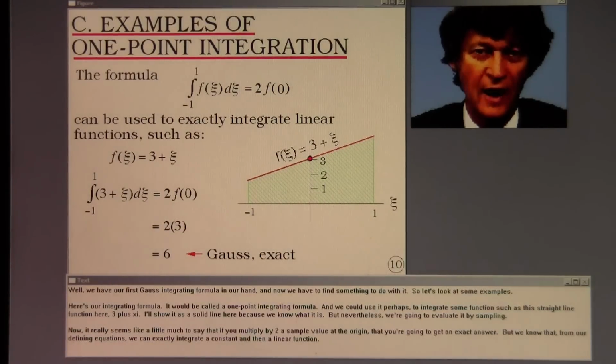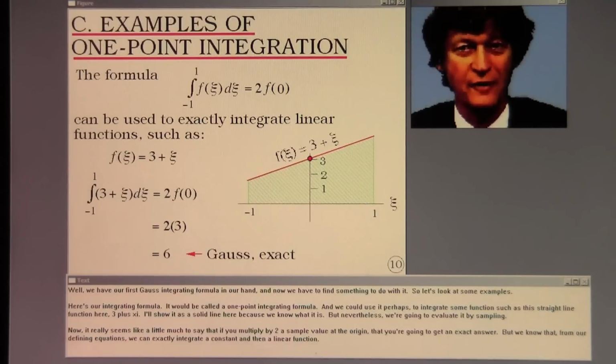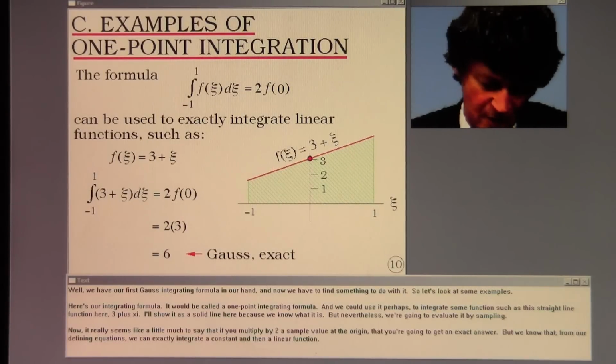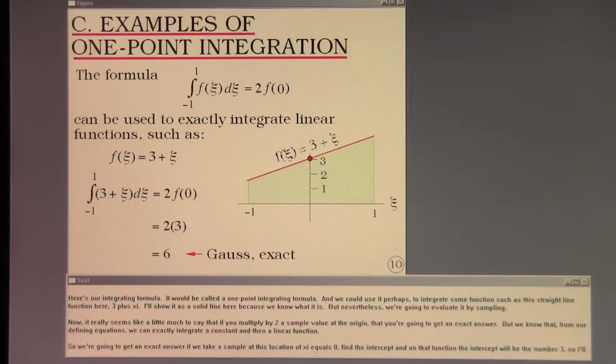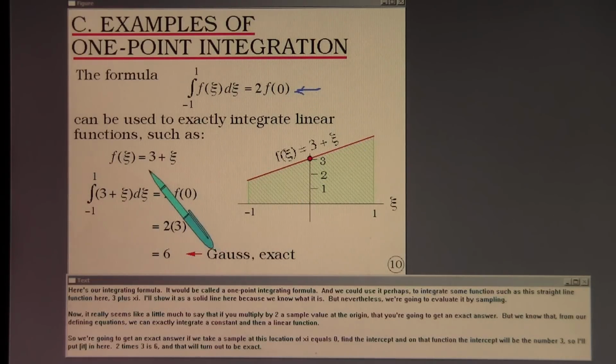Well, we have our first Gauss integrating formula in our hand, and now we have to find something to do with it. So let's look at some examples. Here's our integrating formula. It would be called a one-point integrating formula, and we could use it perhaps to integrate some function, such as this straight line function here, 3 plus xc.